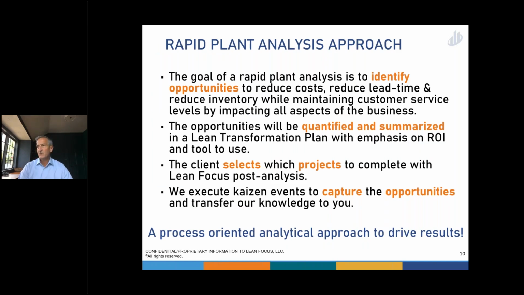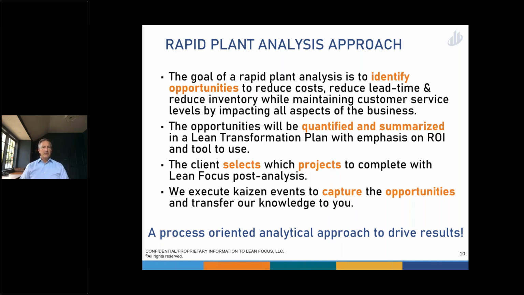So what is a rapid plant analysis? It's a tool used to identify opportunities to reduce costs, reduce lead time, reduce inventory, increase throughput, whatever your specific objectives are, always while maintaining customer service and quality, looking at all aspects of the business.